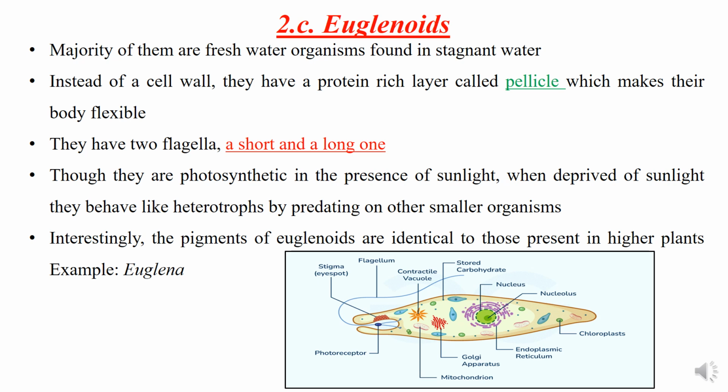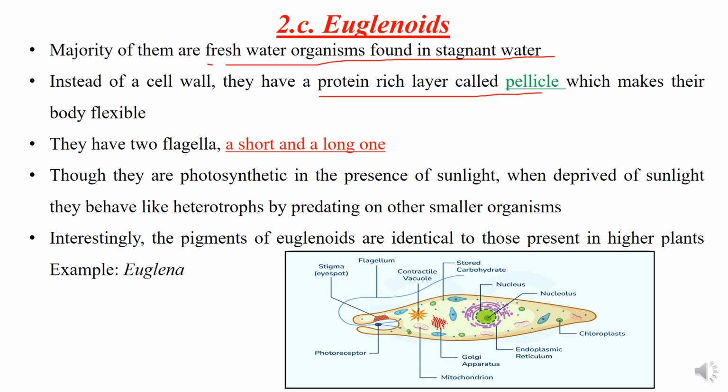Then the third one is the euglenoids. The majority of euglenoids are freshwater organisms found in stagnant water. Another important character of euglenoids is that instead of a cell wall they have a protein rich layer known as pellicle, which makes their body flexible.